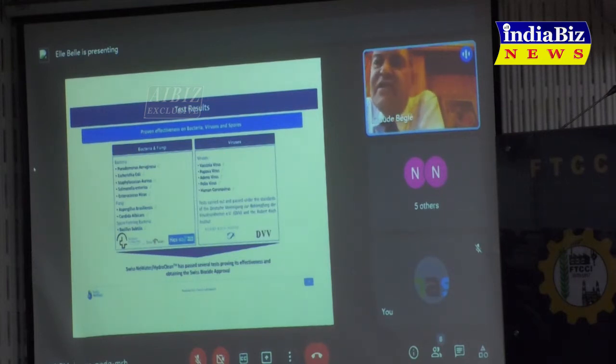Meanwhile, we did a lot of tests through the Indian organizations, also the Kuala Lumpur Virus Institute, and it all proves that the product is quite efficient. Next, please.